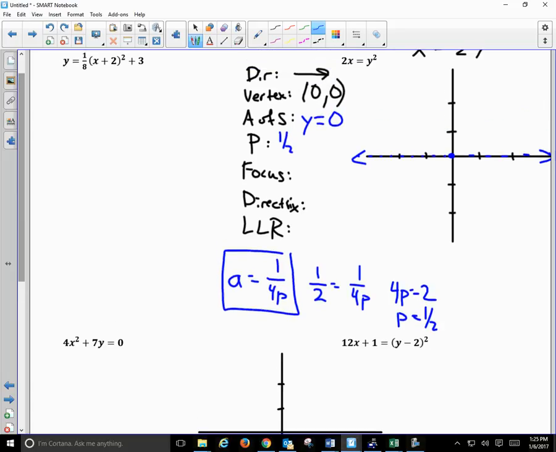I use that p-value in order to determine these three. You got a picture. It opens to the right. The focus sits on the inside. How many units from the vertex does it sit? Whatever p is. So I move a half a unit in, and I move a half a unit out. The half unit on the outside is the directrix. The half unit on the inside is the focus.